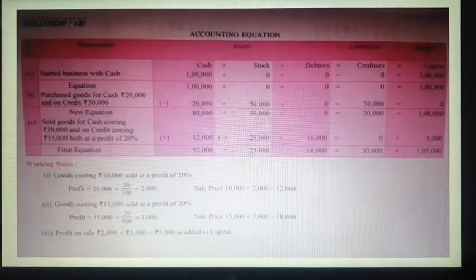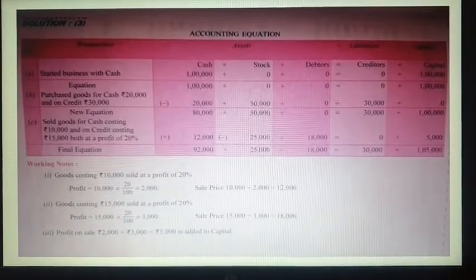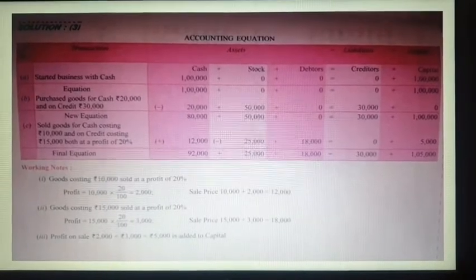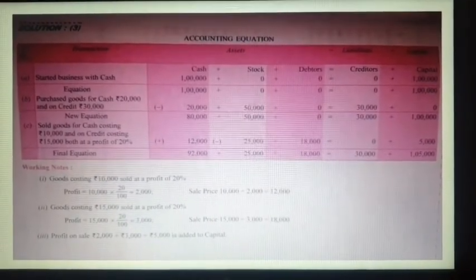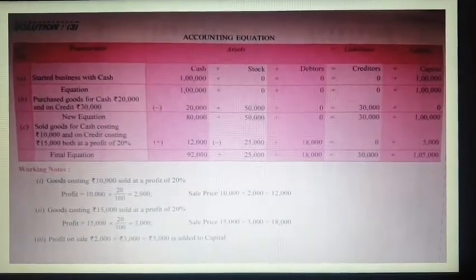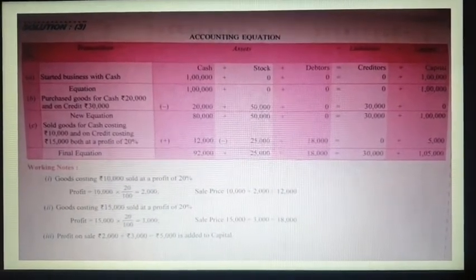That is your liability, that is creditors, so it will increase your creditors, that is liability, by 30,000. So the 50,000 affects the stock because in both cases goods are increasing. Out of 50,000, 20,000 is paid in cash and the rest is still pending, which will increase your creditors.